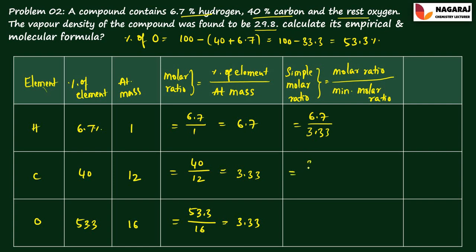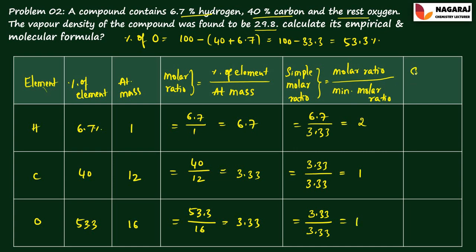For carbon it is 3.33 divided by the minimum molar ratio 3.33. And for oxygen, the molar ratio 3.33 divided by the minimum molar ratio 3.33. On simplification, the simple molar ratio of hydrogen is 2, carbon is 1, and oxygen is also 1.